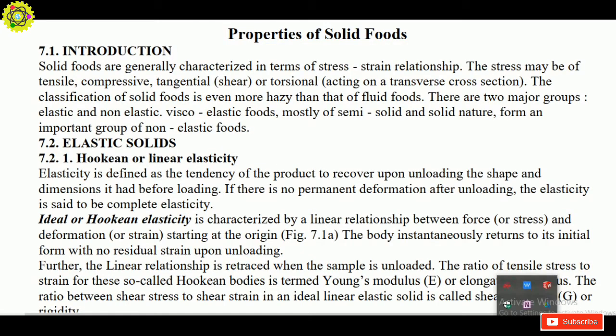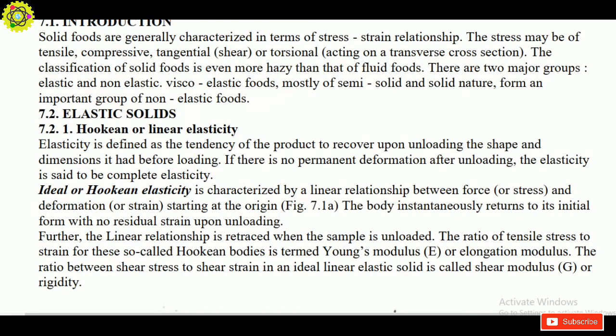Now see here friends, you can see properties of foods. As we have seen, there are elastic solids. First we are going to see elastic solids.